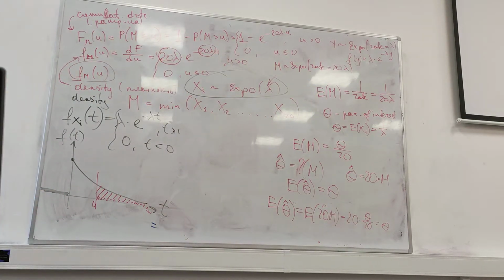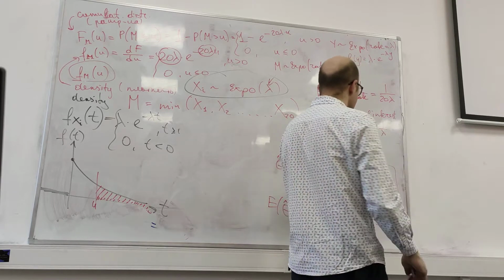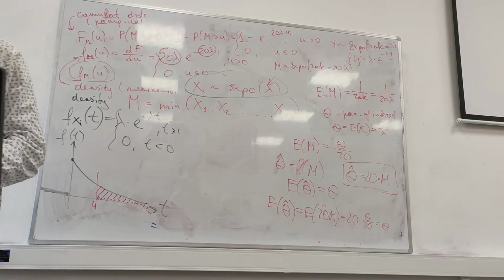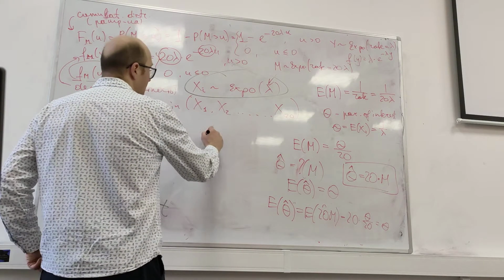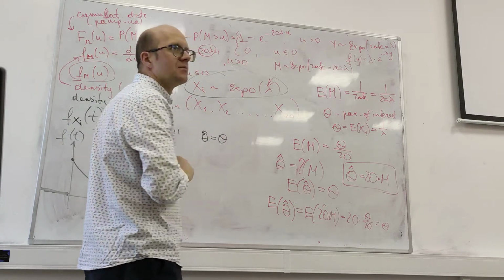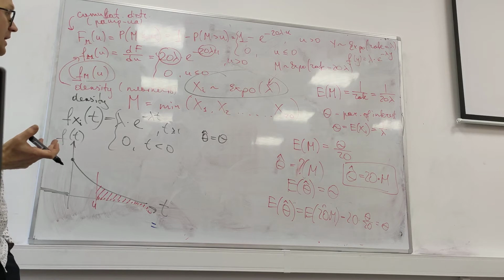So what is an estimator? An estimator is a function of what we observe. We cannot say, I would take the true value of theta as the estimator. That's not good, because we cannot observe it.